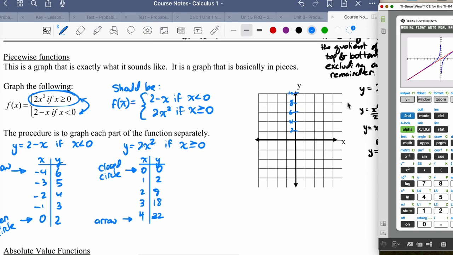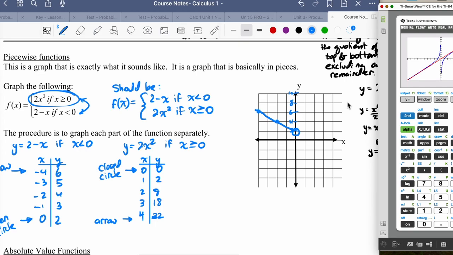So -4, 6. Let me keep it blue. -3, 5. In this case, because I'm going by 2s, feel free to not label the odds or plot the odds, because it's going to be a straight edge anyway. -2, 4, and then 0, 2 with an open circle.